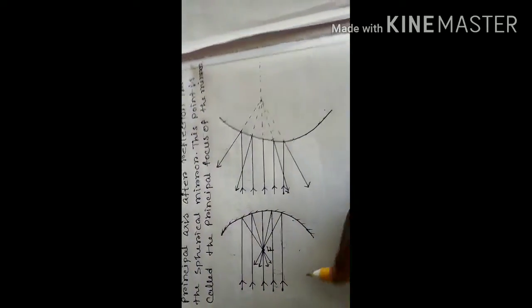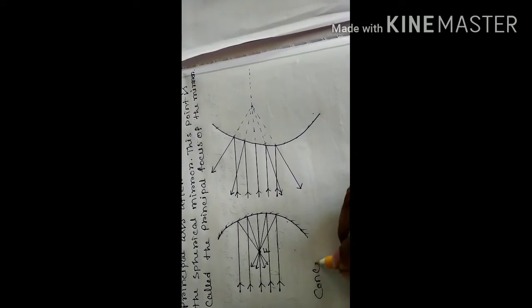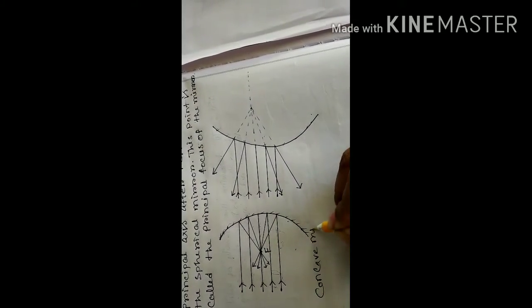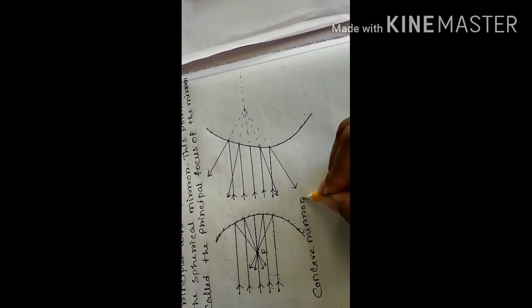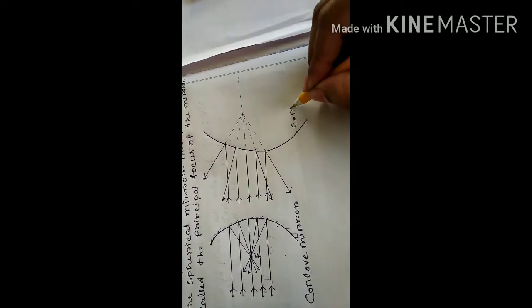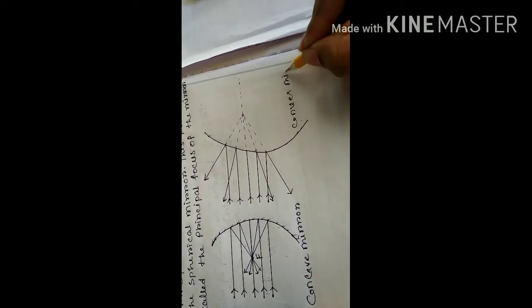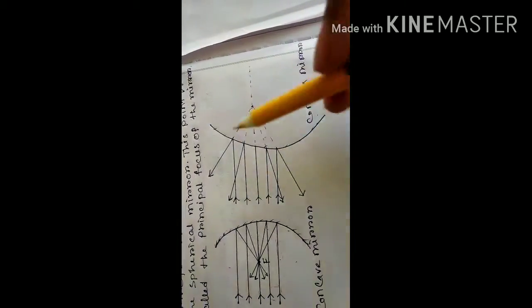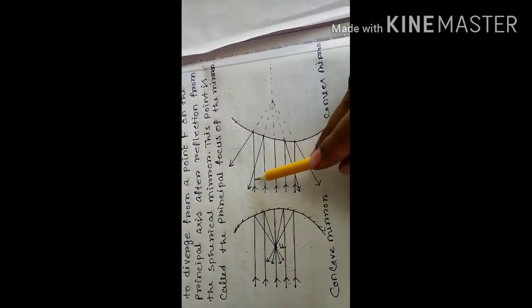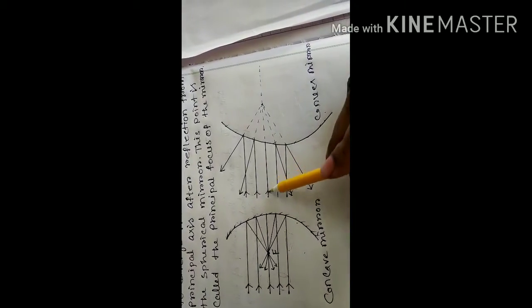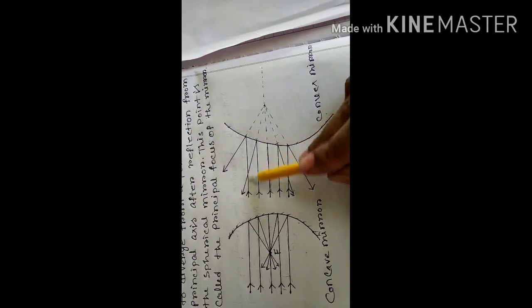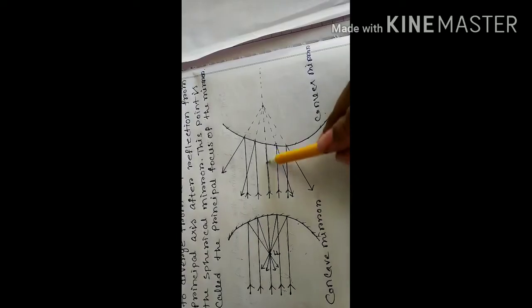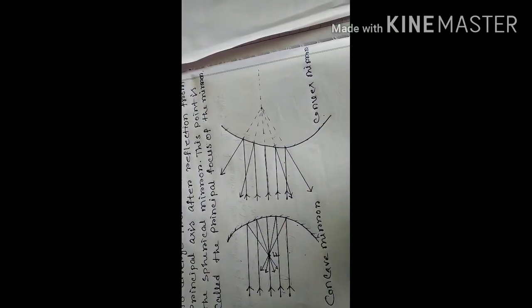This one is for the concave mirror, and this one is for the convex mirror. In the convex mirror, what happened? See, the same narrow beam of light, some rays parallel to the principal axis.